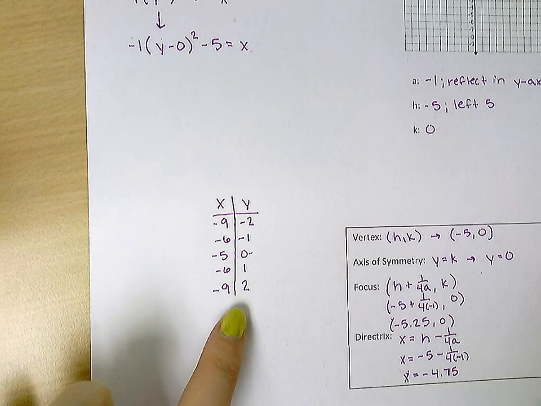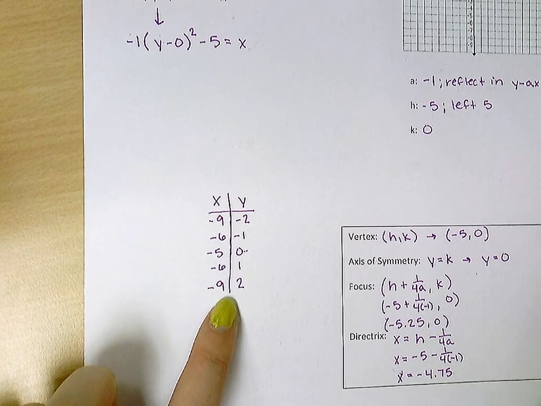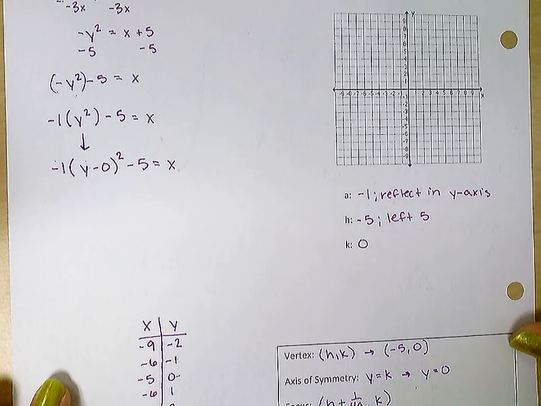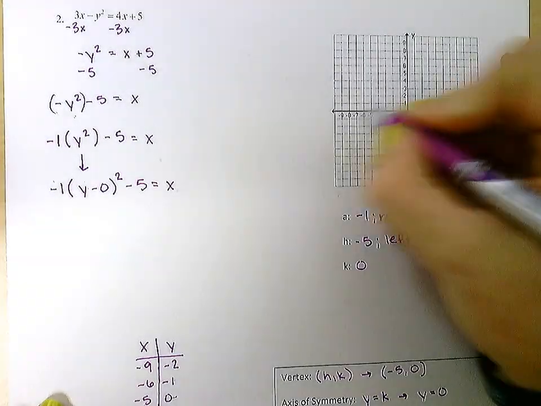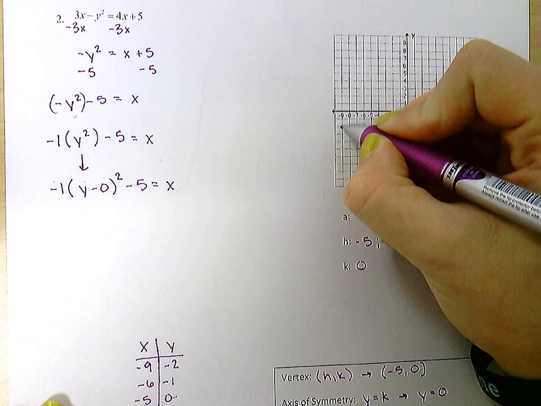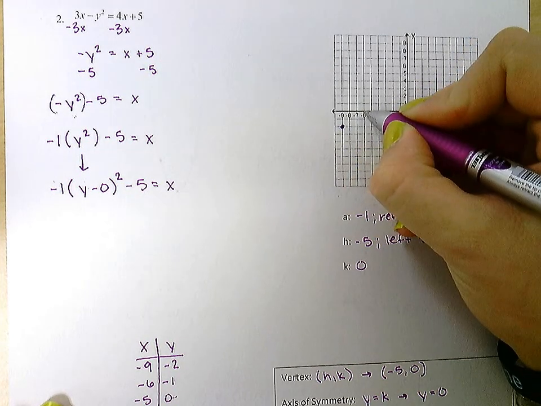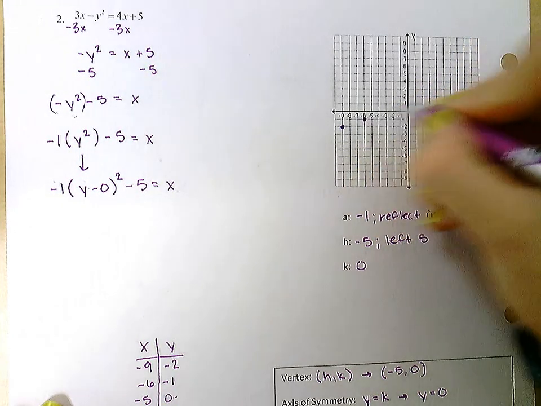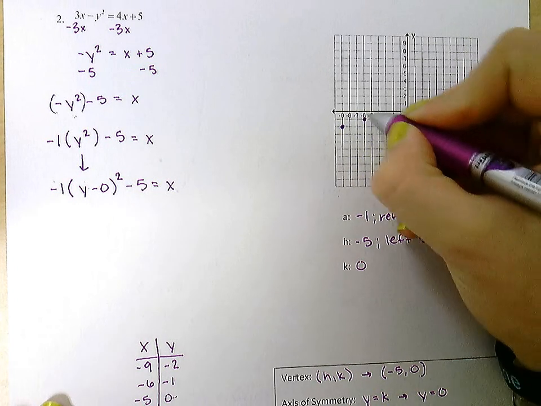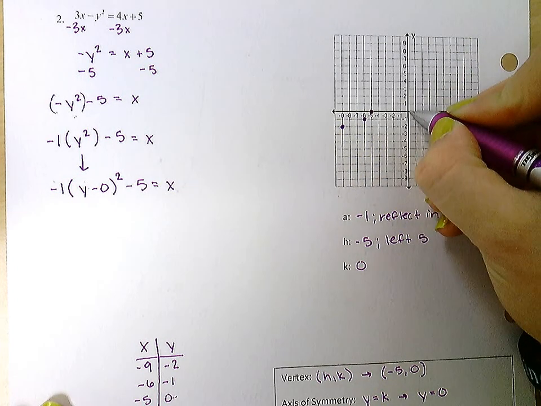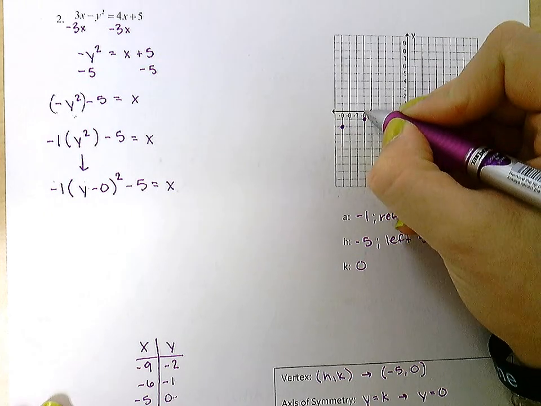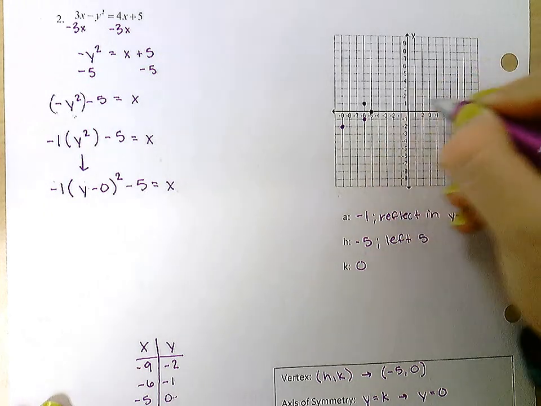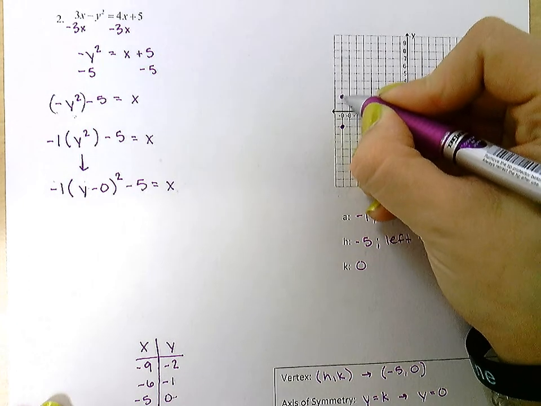So from there, all you have to do is plot those points on your graph. My graph is over here. So I have -9, -2, -6, -1, -5, 0, -6, +1, -9, +2.